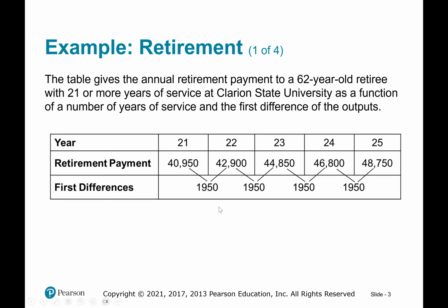For example, this table gives the annual retirement payment to a 62-year-old retiree with 21 or more years of service at Clarion State University as a function of the number of years of service and the first difference of the outputs. So if we look at the first difference here of the outputs, the Y values, our inputs is the number of years of service.